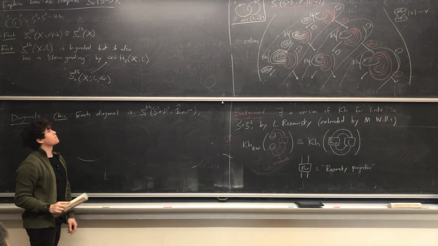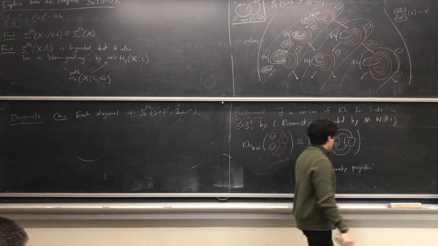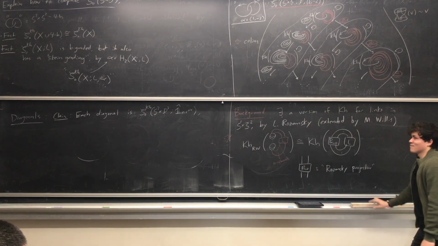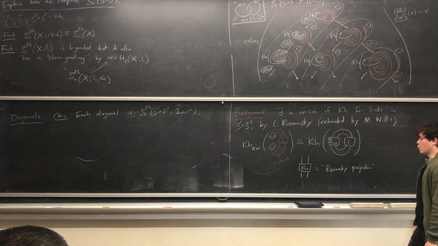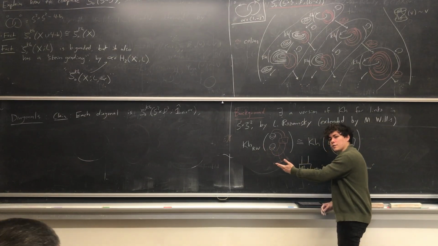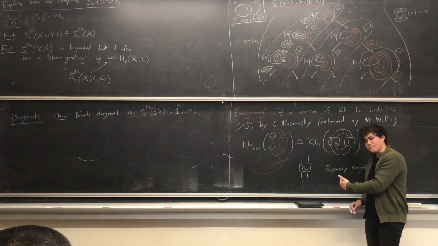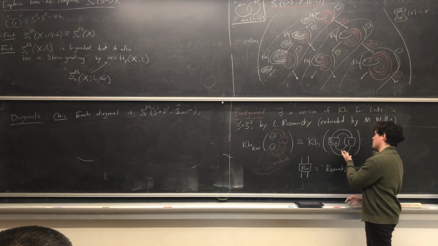So the thing on the right is a link inside of R3? Right. So you've gone from an invariant of links in S1 cross S2 to an invariant of links in S3. The issue is I'm hesitant to call this thing a link.